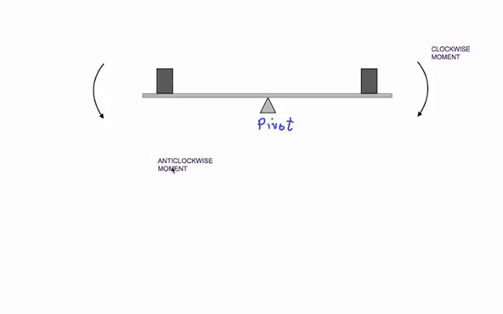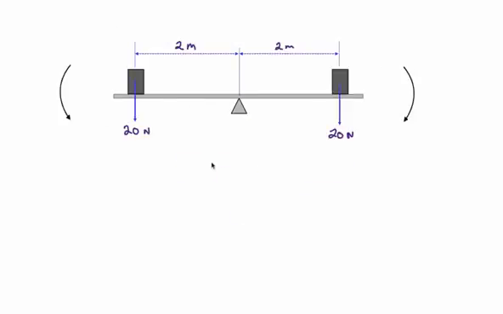And for any object that is balanced, these two must be the same. So if the anti-clockwise moment equals the clockwise moment, the object is balanced. And you can see then that if we try and do that mathematically, I've put in some numbers here. What's the moment on the anti-clockwise side? Well, we know how to work out moments now.